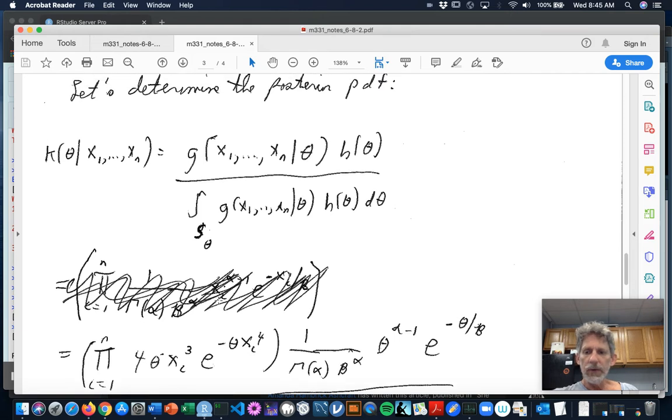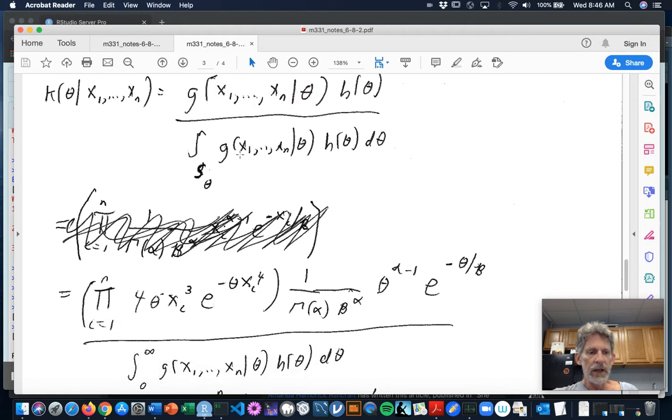Now, it's very helpful that the x1 through the xn are independent of each other, because a joint PDF, when the variables are independent, is going to factor as the marginal PDFs for the variables separately. And so that's what we got here when we write in for it.